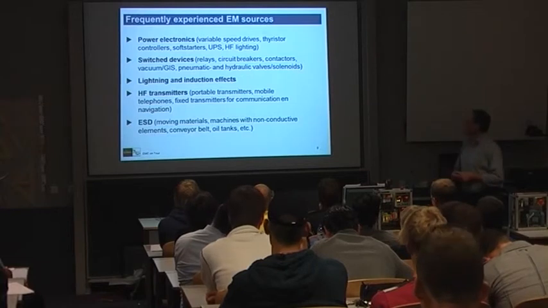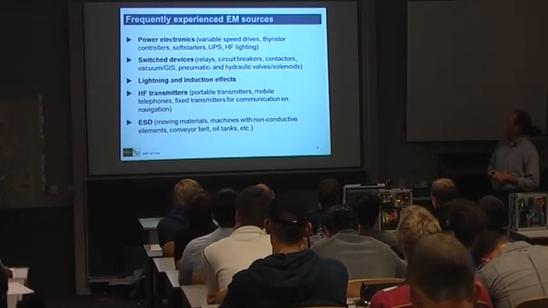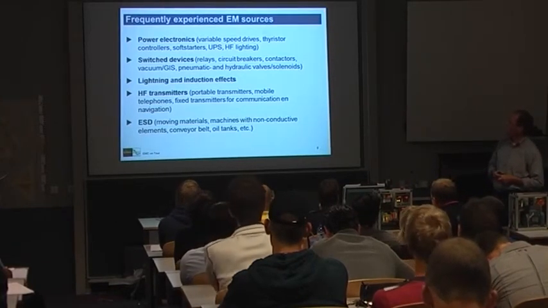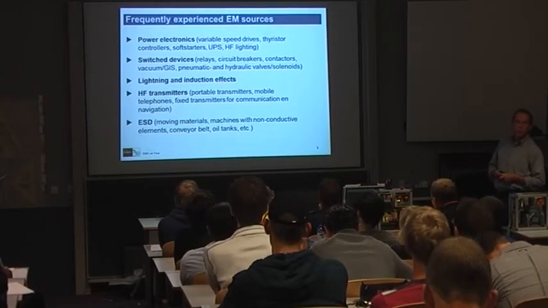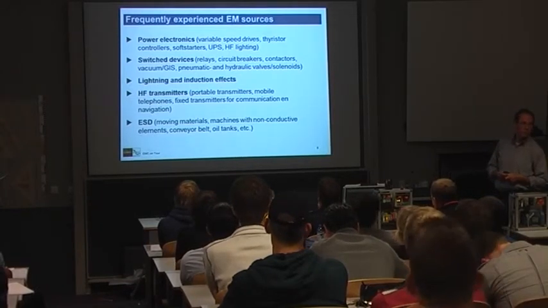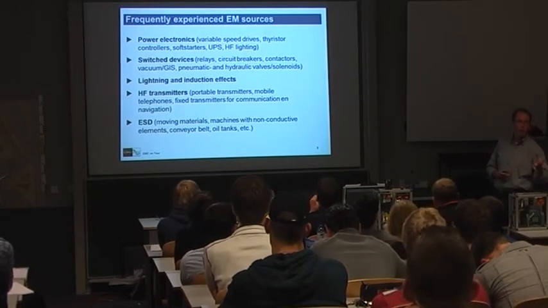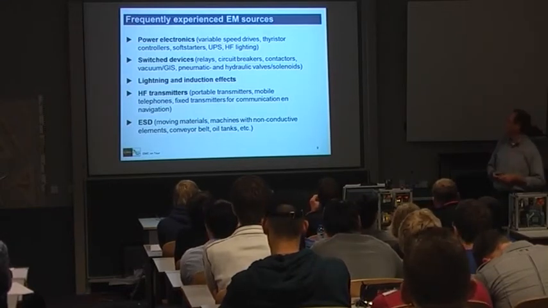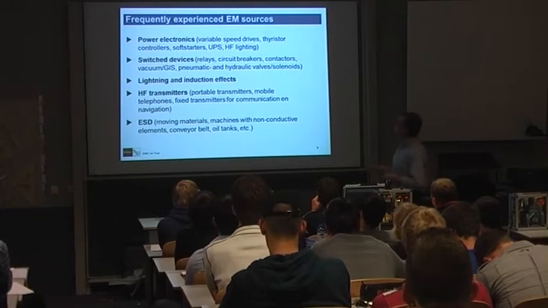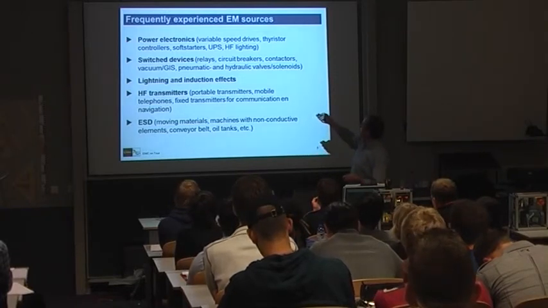Well, a list of frequency sources: power electronics. It's going to be used in your electrical car, so you've got an electronic drive for the motor. But also in buildings, a lighting system with ballasts.